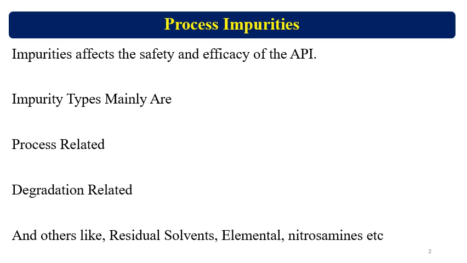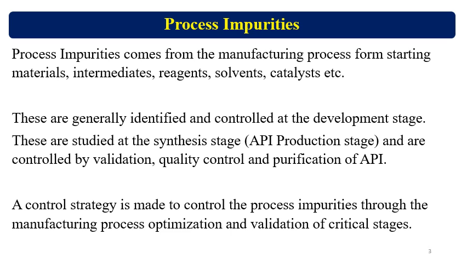See, as we know, the impurities are of different types like process related impurities, degradation impurities or degradants, and other impurities like residual solvents, elemental impurities or heavy metal impurities, nitrosamines, genotoxic impurities are there. Out of those, we will see the process related impurities.